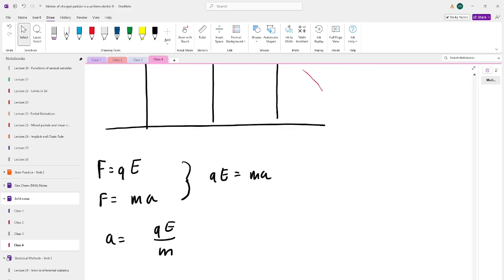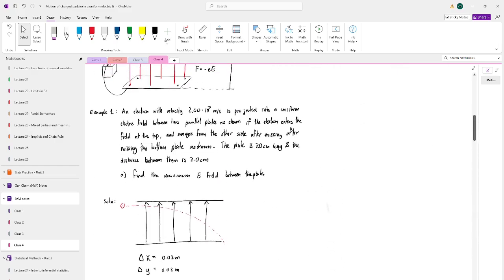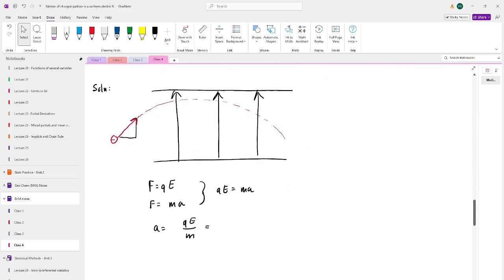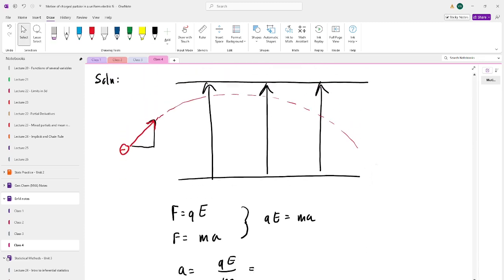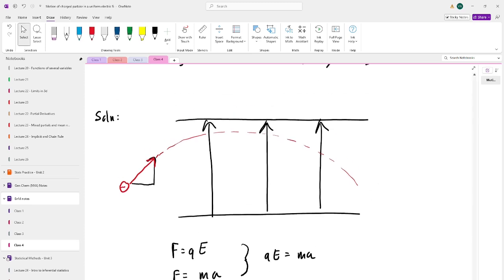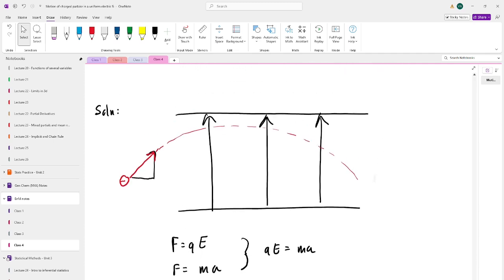So in QE, Q is still going to be the fundamental charge of the electron, except now we're going to have to deal with the negative sign. And it makes sense, because the electric field is positive, it's 200, the mass is positive, but Q will be negative, and that will give us a negative acceleration.